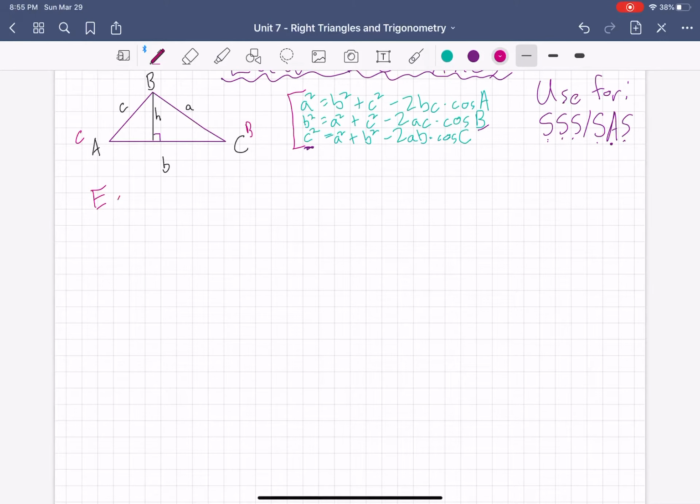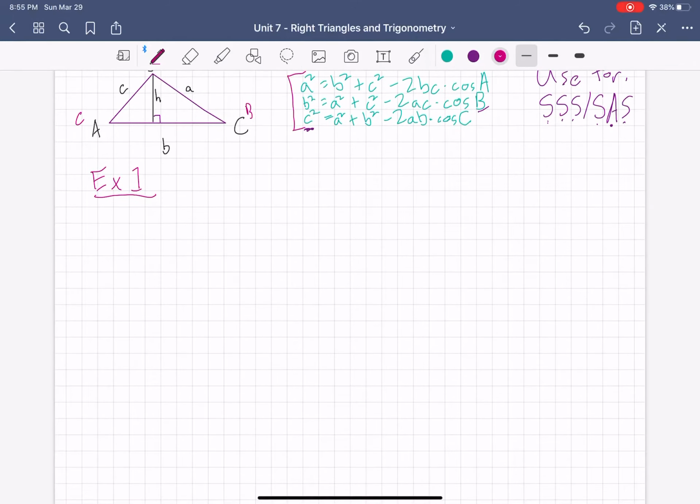For our first example, just draw yourself a triangle. It doesn't actually matter what it looks like. It doesn't have to look like mine. As we usually do, I'm going to name this ABC.